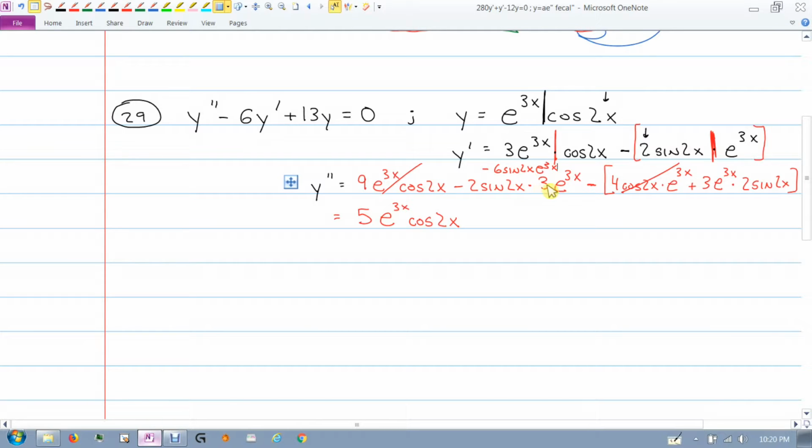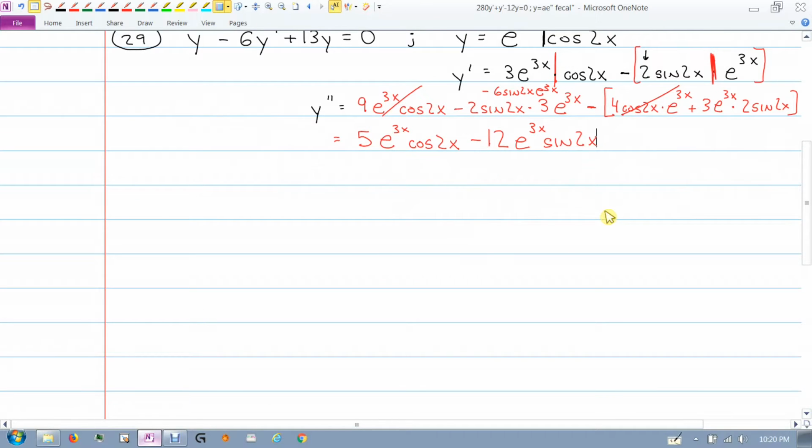And then over here I have 2 and 3, that's 6e to the 3x sine 2x. So another 6 of these, and I'm subtracting, so it should become minus 12e to the 3x sine 2x. All right, so that's that one.